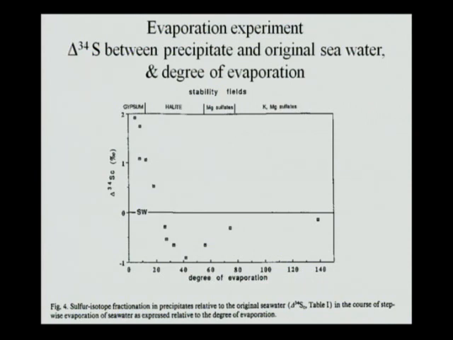In the history of the ocean, there is a change in the degree of evaporation of the water, and at certain times, like the Permo-Triassic, a lot of the sulfate dissolved in the ocean was precipitated.